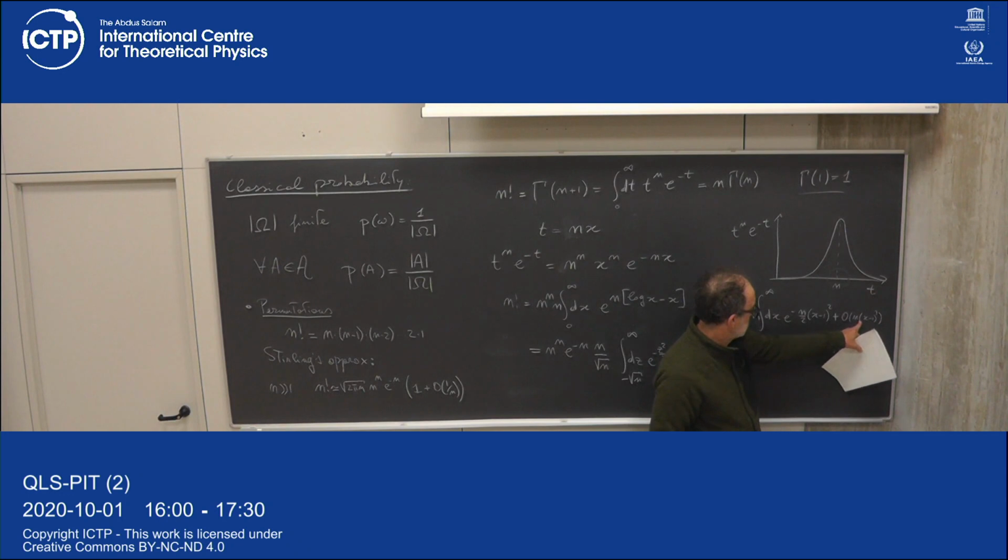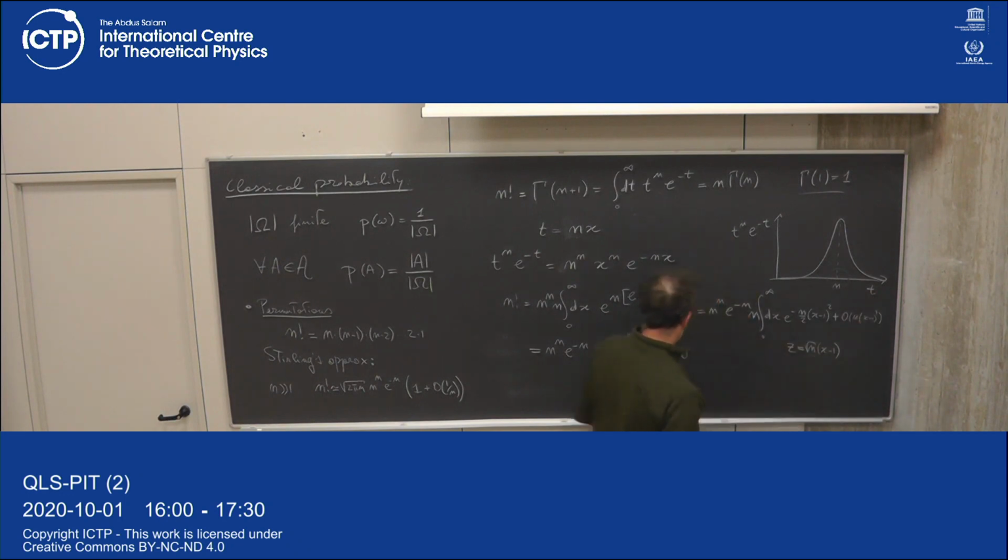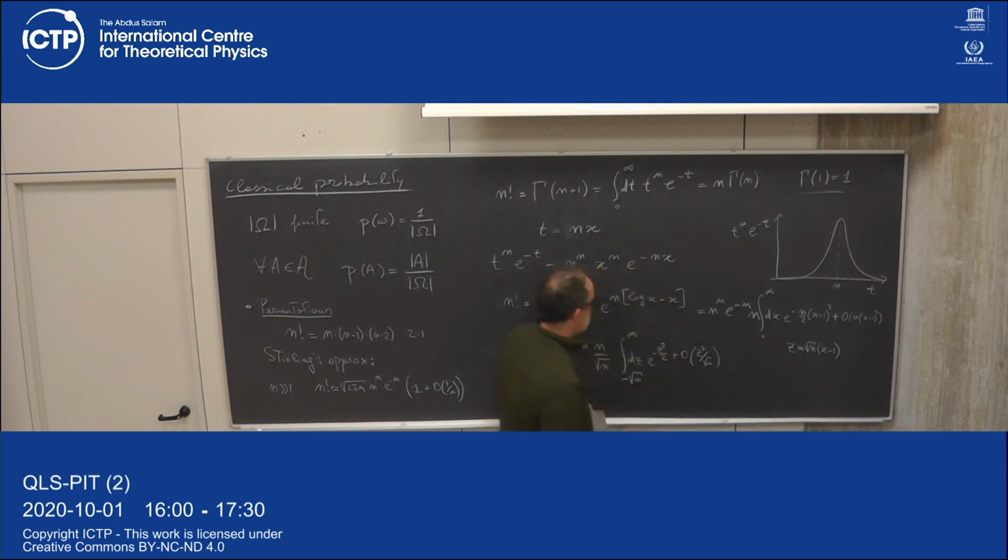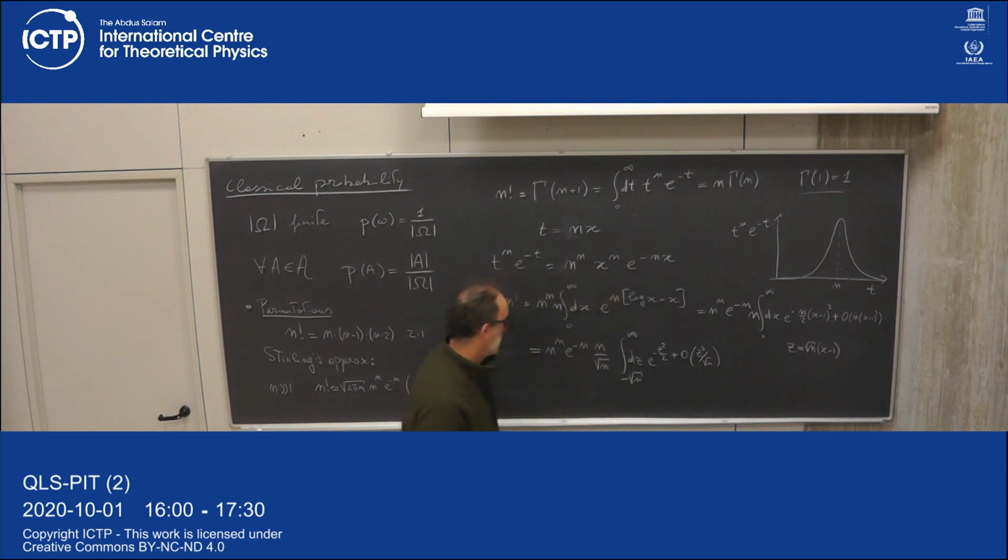So n times x minus 1 cubed is of order z cubed divided by square root n. So you see that when n is very, very large, this correction will be very small, and I can make a power expansion of these terms.